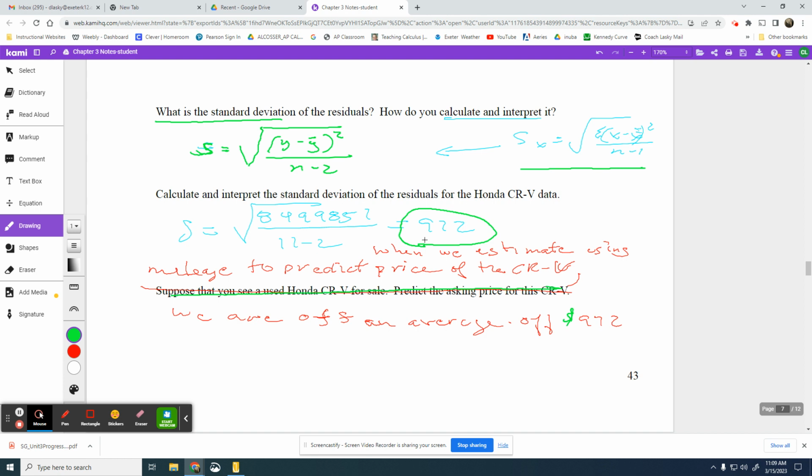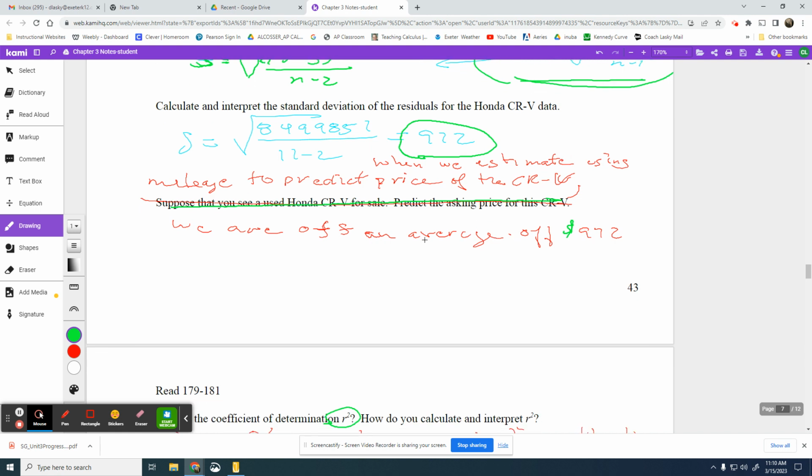It's the square root of the sum of y minus y hat squared over n minus 2, which is almost identical to our regular standard deviation, the square root of the sum of x minus x bar squared over n minus 1. So these are technically identical, except this one is based off of the y's.